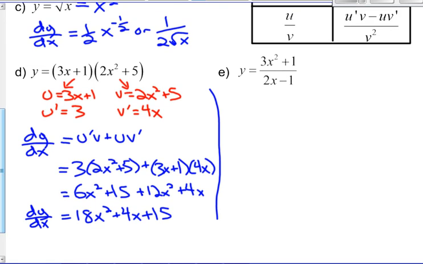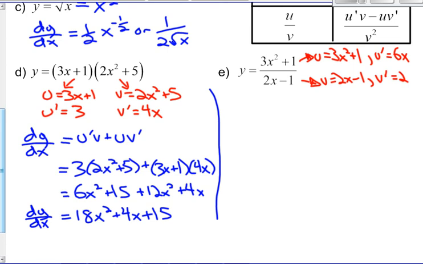E, same sort of idea, but this time, obviously, it's a quotient. So I would say u is whatever's on top. Its derivative here would be 6x. v is whatever's on bottom. Its derivative is 2.